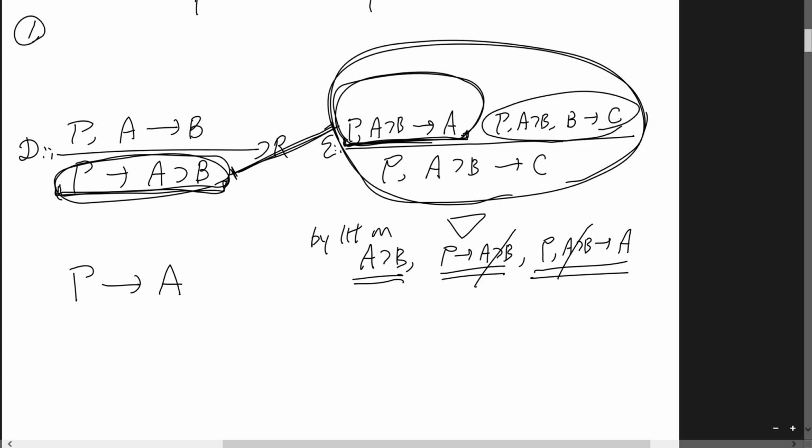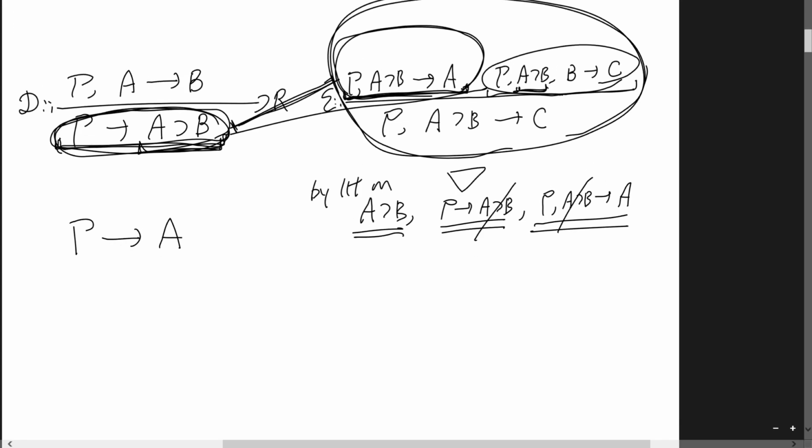And it looks like we can apply the induction hypothesis on this sequent and this sequent because here we have A implies B on the right-hand side of the sequent. And here we have the same formula, A implies B, on the left-hand side.